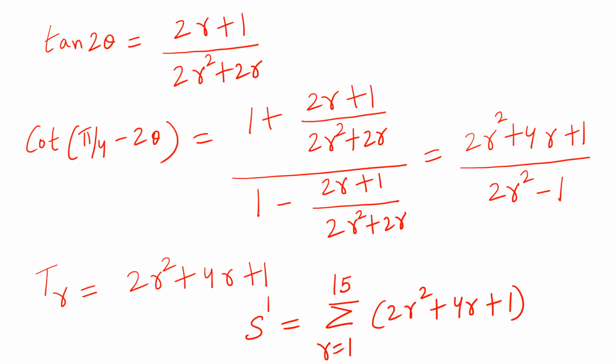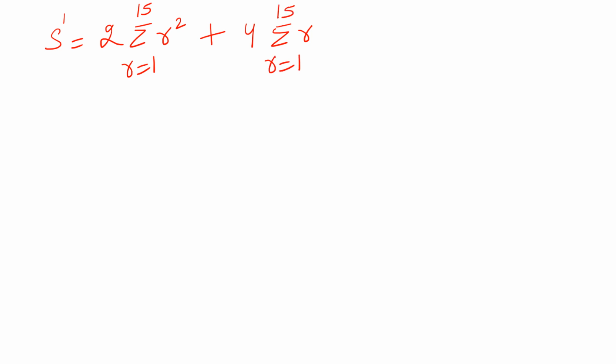Now it has been converted to a question involving the topic of sequences and series. Now students, we move further. S dash becomes equal to 2 into summation R square, where R varies from 1 to 15, plus 4 into summation R, where R varies from 1 to 15, plus 15, because summation 1, R varying from 1 to 15, is just equal to 15.